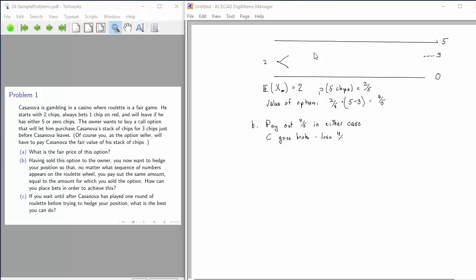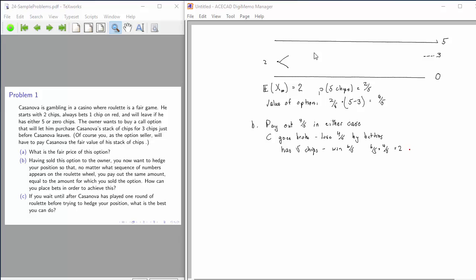and the way you're going to do this is by losing 4/5 by betting, or Casanova ends up with 5 chips, in which case you want to win 6/5, so that with the 6/5 you win combined with the 4/5 that you got by selling the option, that gives you 2 chips.